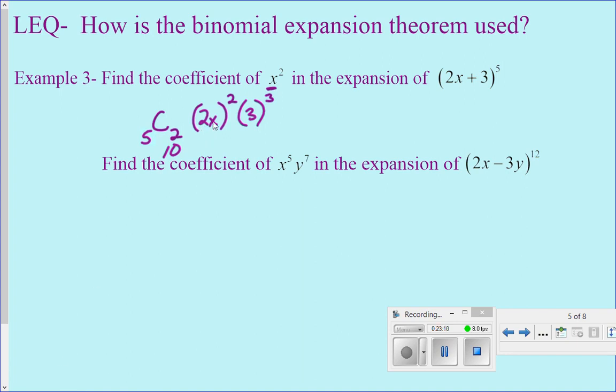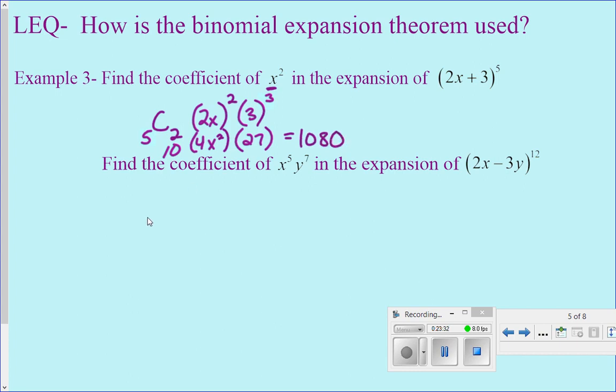So I have to square the 2 and get 4, and that's going to be x squared. And I have to cube the 3 and get 27. And then I have to take 10 times 4 times 27, and that is then the coefficient of that term. So if I do that, 4 times 27 times 10, I get 1,080.